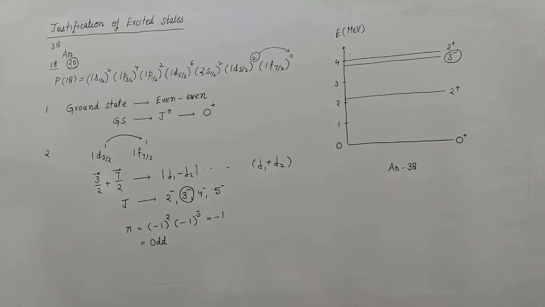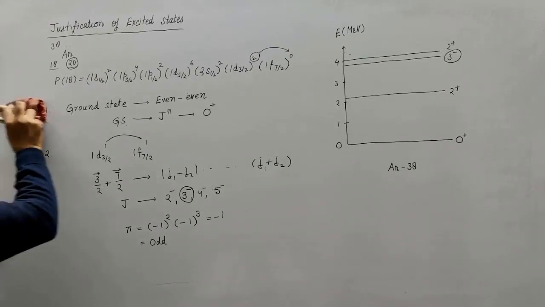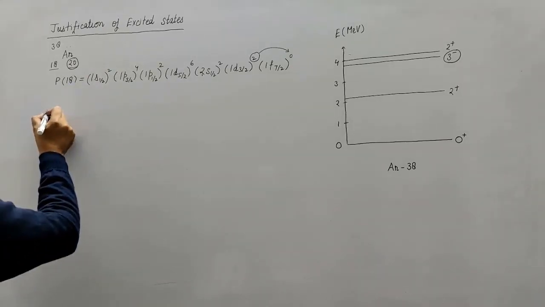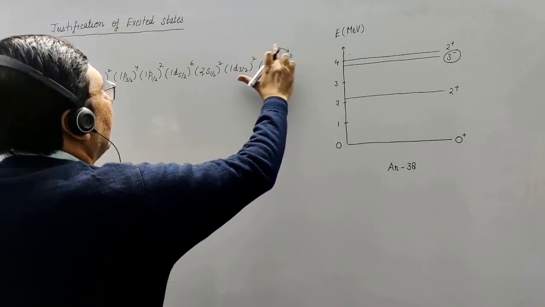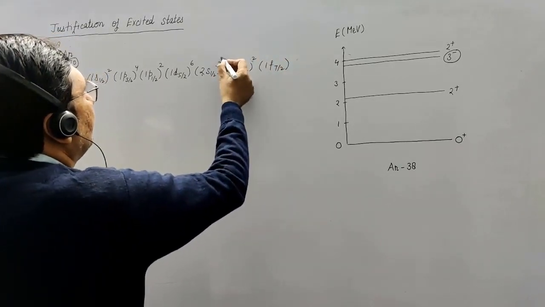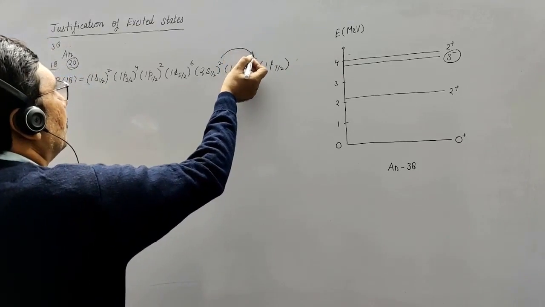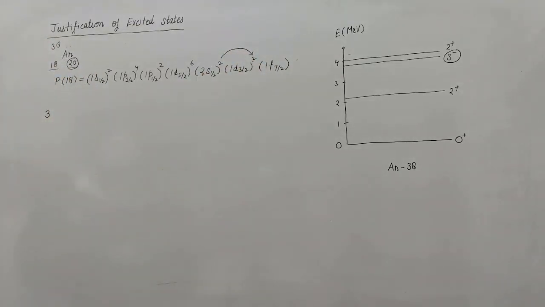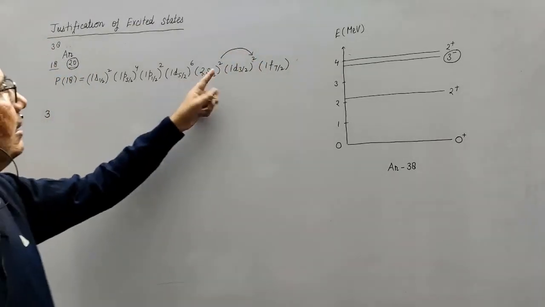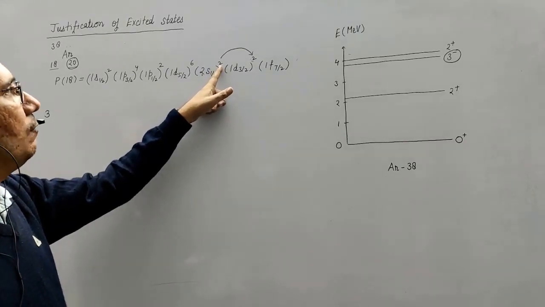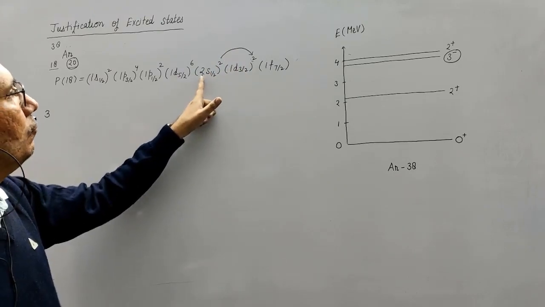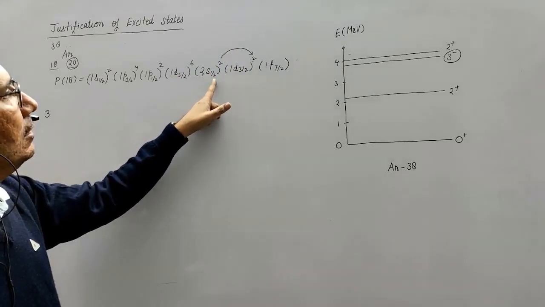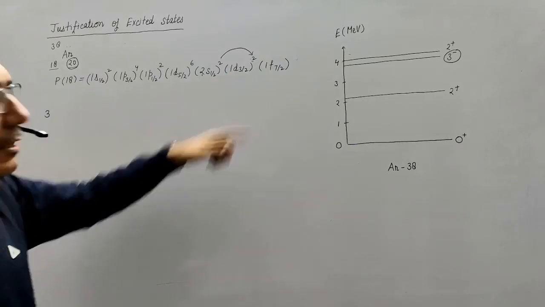Now, come to another excited state. How can we explain the other excited state? We can explain another excited state if we consider that one of the protons jumps from here to here. What we are saying is that this pair of protons will break and one of the protons will move from the 2s1/2 energy level to the 1d3/2 energy level.